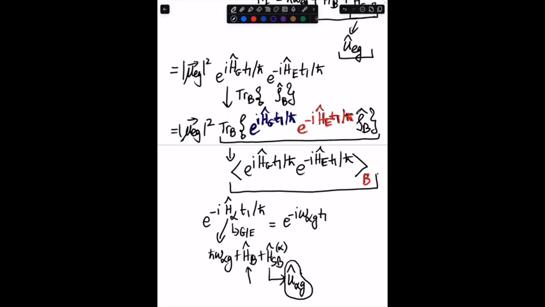So we have to rewrite this system-bath coupling in the interaction picture with respect to the bath Hamiltonian. What that means is that your fluctuation in transition energy, which is independent of time in the Schrodinger picture, gains some time dependence because of the bath coordinates which fluctuate in time.